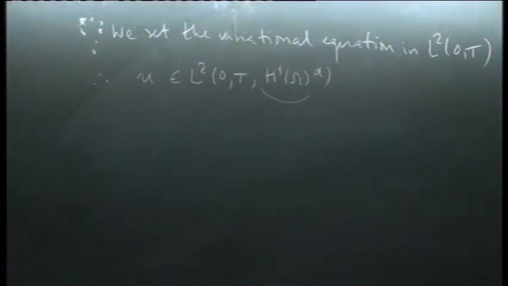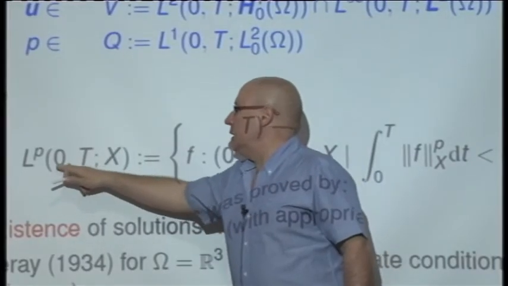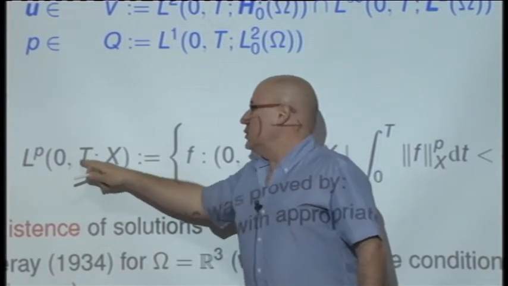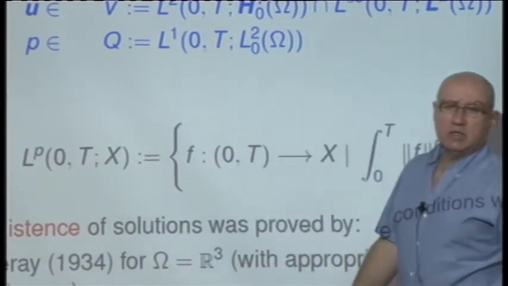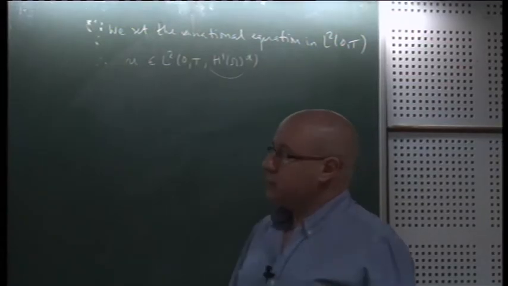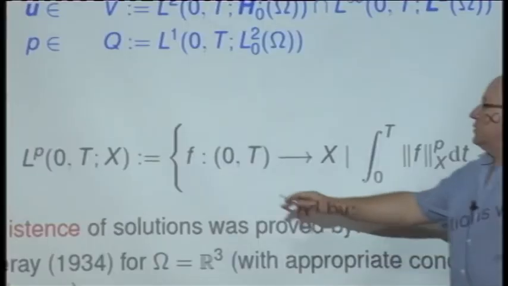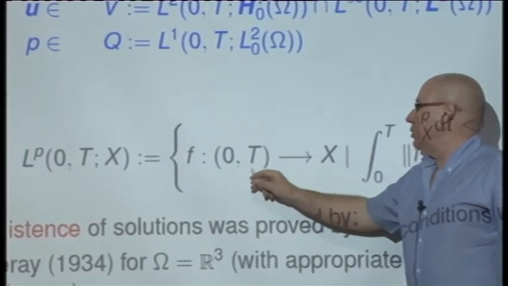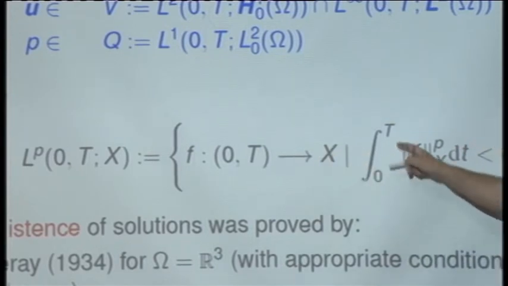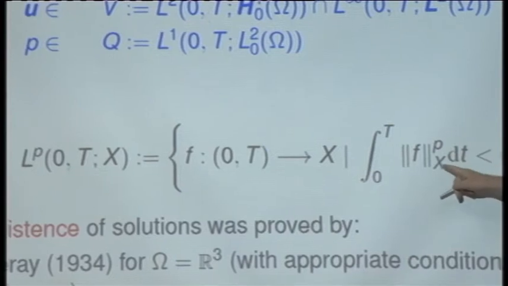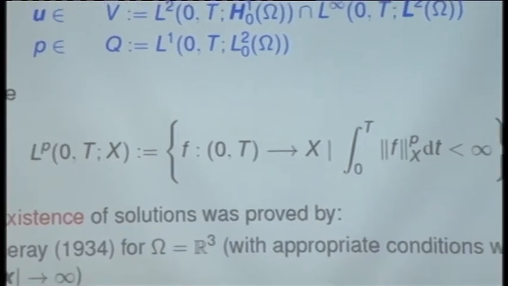The space Lp in time. The way to read this space is: functions which are Lp in time with values in X, where X is a certain functional space that in this case is H1. So it's the set of functions that map the time interval to the function space such that the integral, the p-norm in time of the X norm in space, is bounded. Okay?